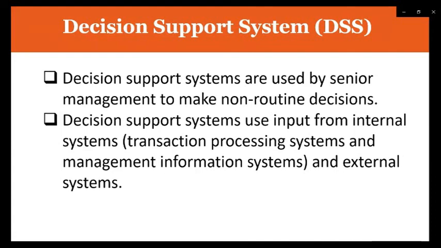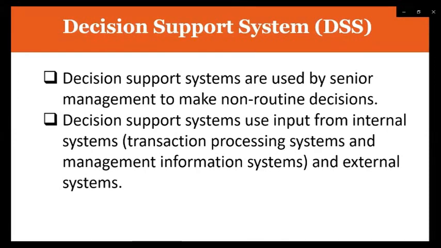So the main objective of this system, the DSS, is to provide solutions to problems that are unique and change frequently. So decision support systems answer questions such as: what would be the impact on employees' performance if we double the production lot at the factory? And then of course, what would happen to our sales if a new competitor entered the market? So that's the role of this DSS.